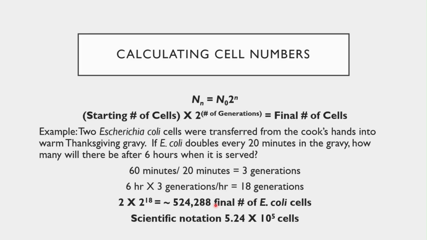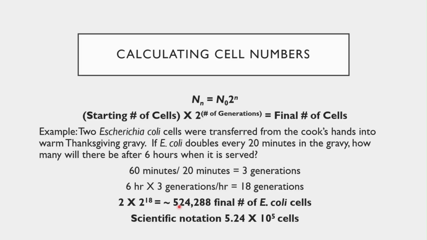Written in scientific notation, it would be 5.24 times 10 to the fifth cells. You don't have to write it in scientific notation. It should be something you get familiar with if you take any chemistry courses or further science courses. Basically, you count the decimal point over. So it's 1, 2, 3, 4, 5.